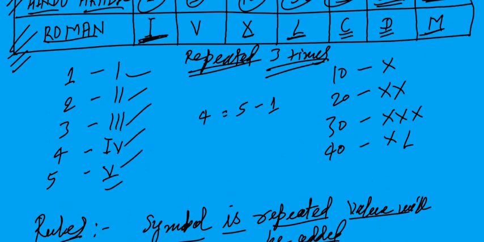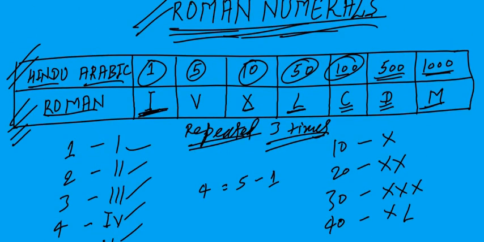See here, which symbol will be repeated, which one will not be repeated. Only the symbols which denote 5 or 50 or 500 cannot be repeated.